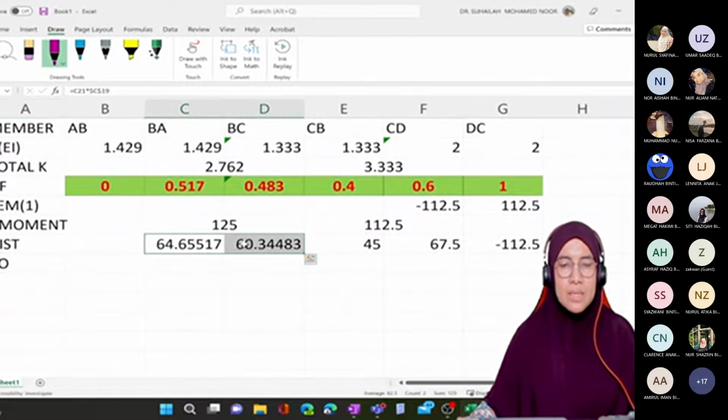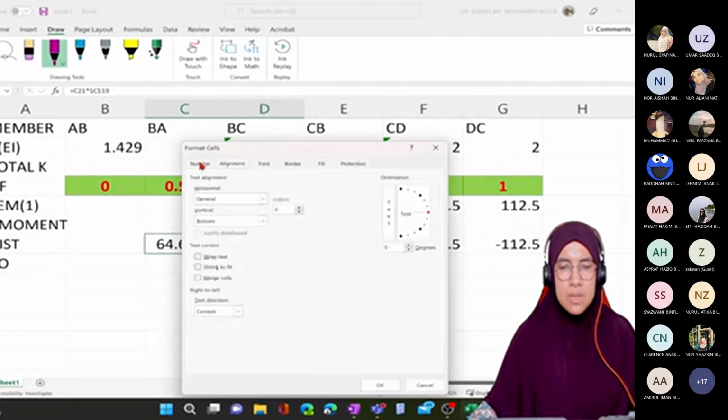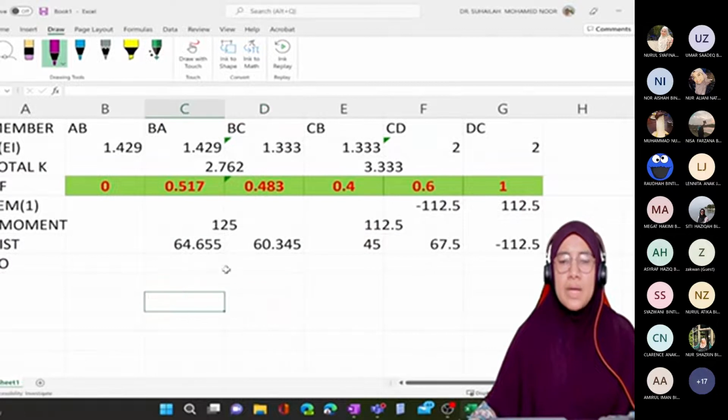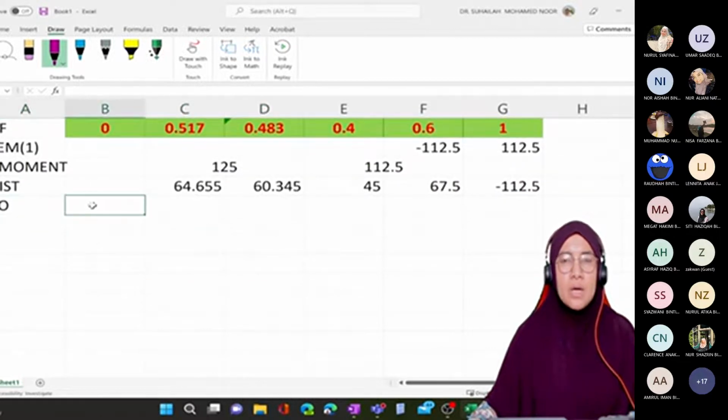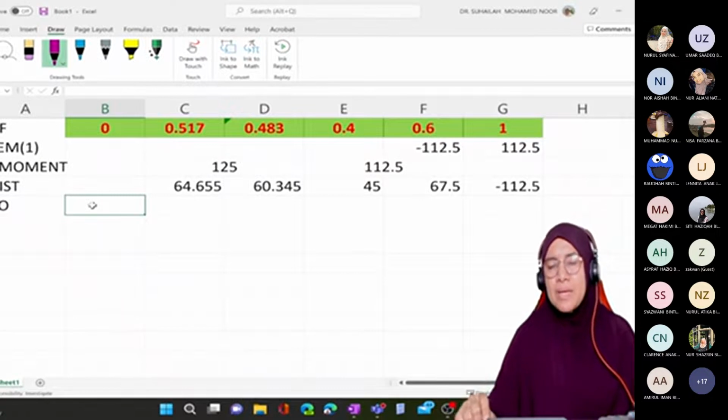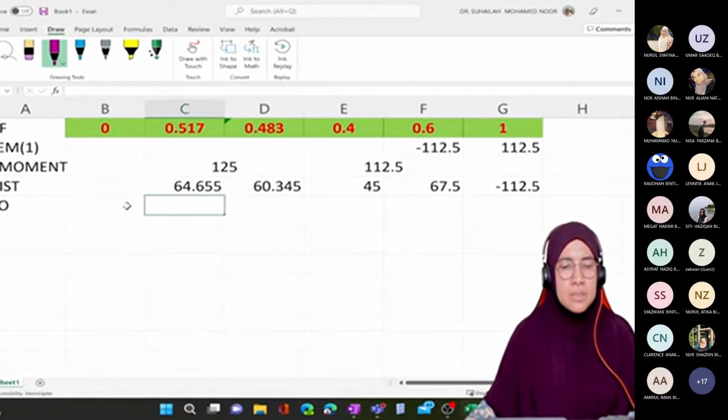I want to set the decimal places up to 3. Okay, continue with the carry over. Remember the factor: we have a pin end at the end.